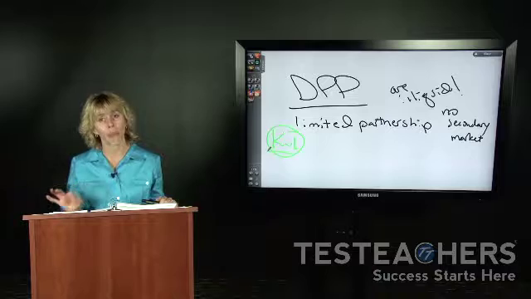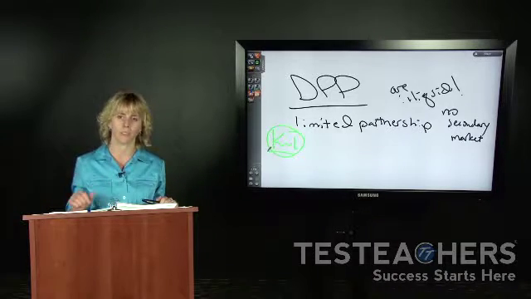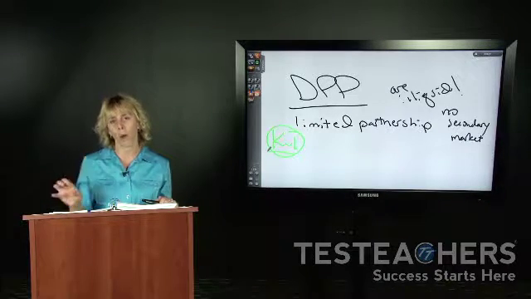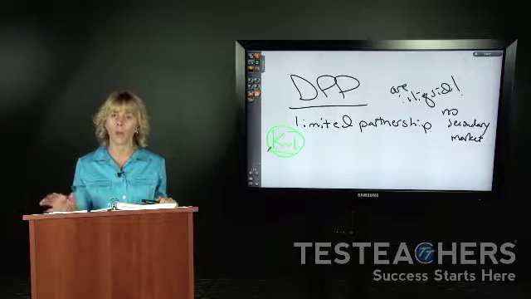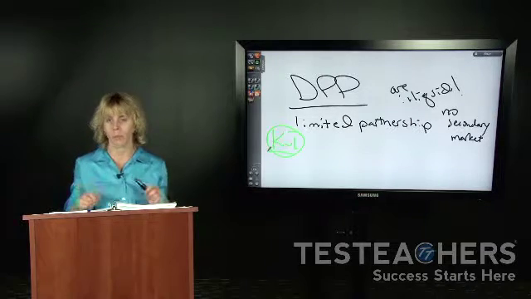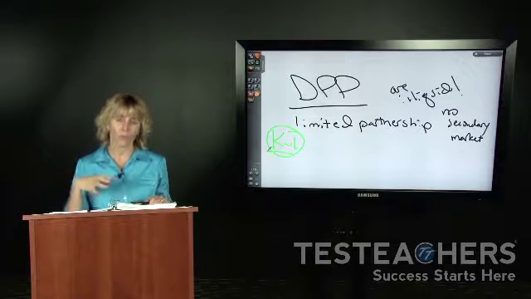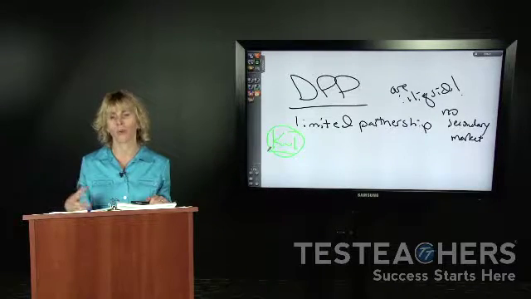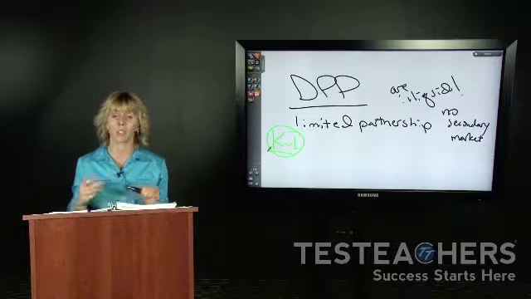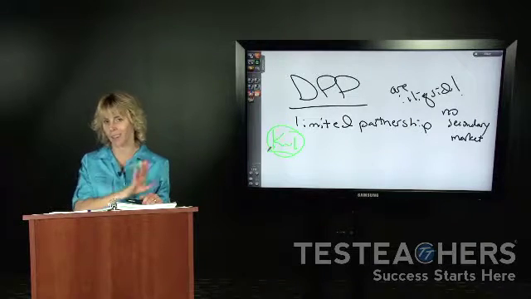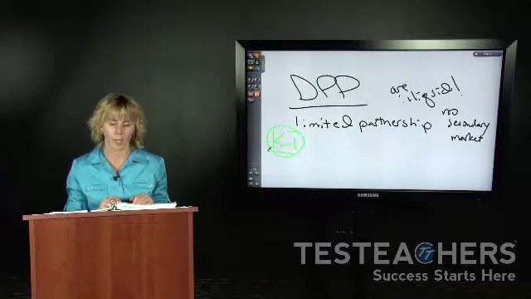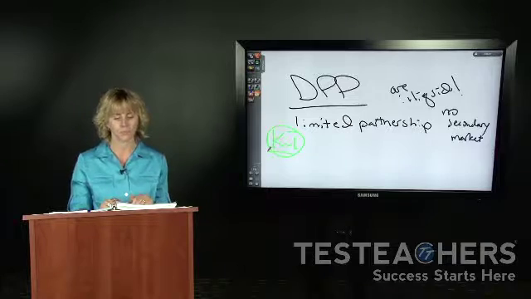You can only write off passive losses against passive gains. So you'd have to have one direct participation program doing poorly and one that was doing well to be able to net those against each other. So DPPs can be formed to buy real estate as well, but they do not ever meet a client's liquidity needs.